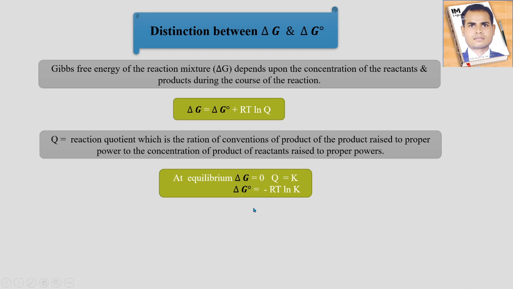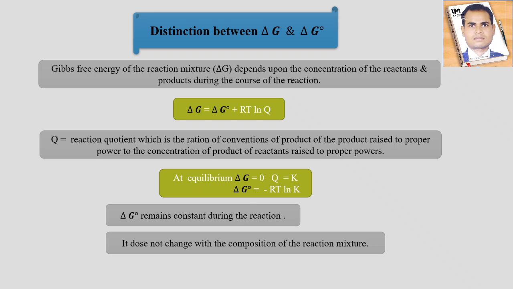Now ΔG0 remains constant during the reaction and does not change with the composition of the reaction mixture. ΔG0 is the difference in molar free energies of the product and reactant in their standard state, and ΔG is the difference in molar free energies of the product and reactant at a specific stage of the reaction.